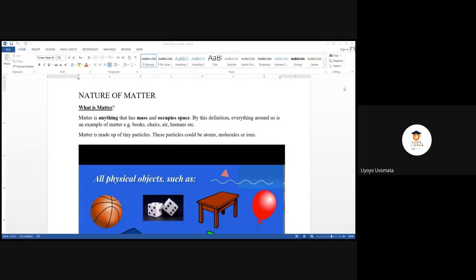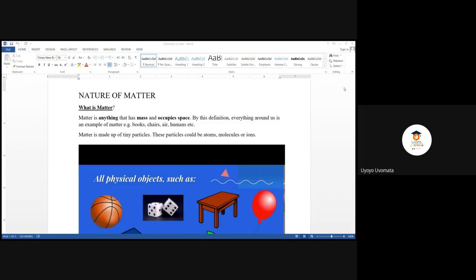So we will be studying a topic today, a basic and foundational topic in chemistry called the nature of matter. We'll consider some things: what matter is, what matter is made up of, and how matter can be classified in some general ways.